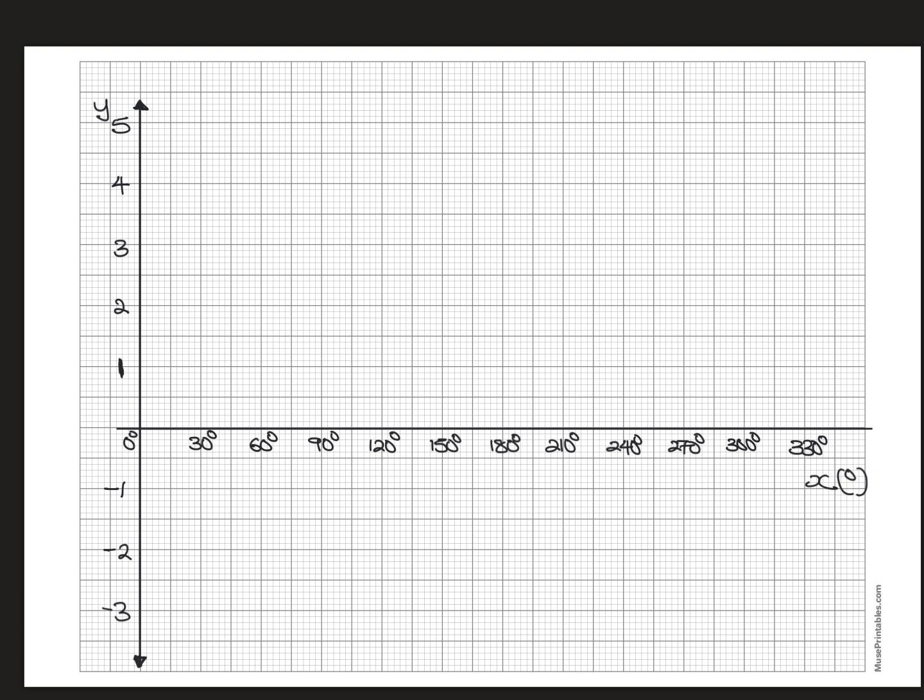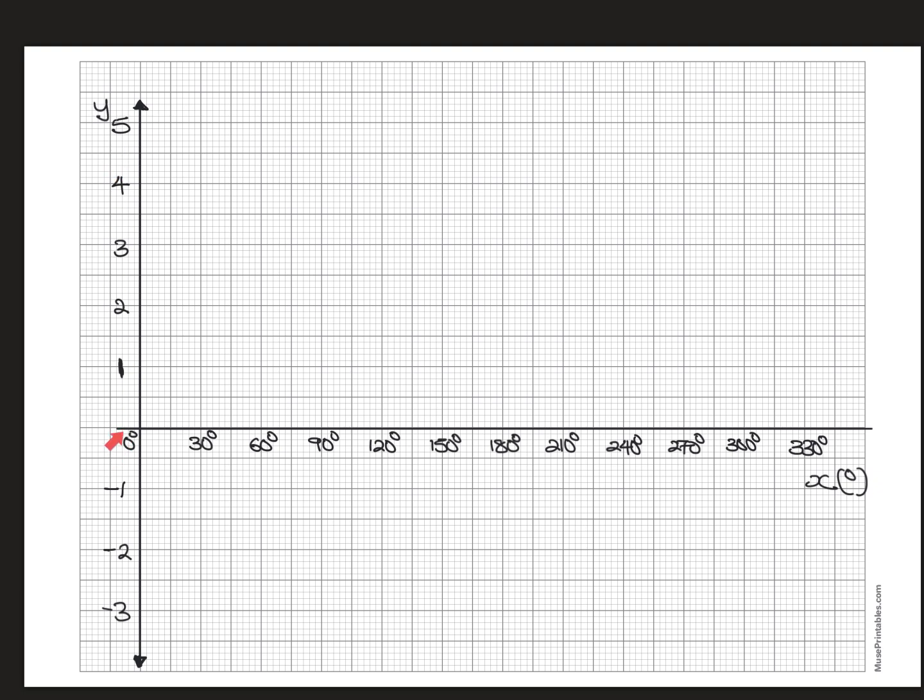The first important thing to note is we need to know what each box represents on the x-axis and on the y-axis. For the x-axis, from the 0 line to the 30 degrees, we have 10 small boxes. So 30 divided by 10 is 3, which means every small box is 3 degrees on the x-axis.